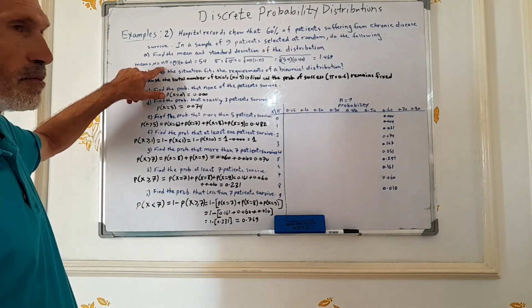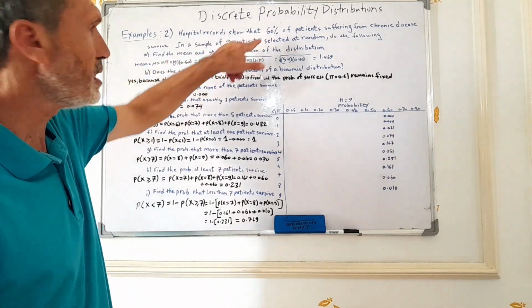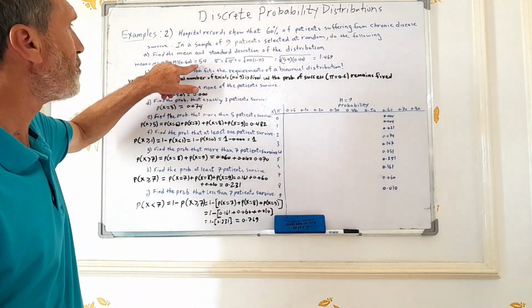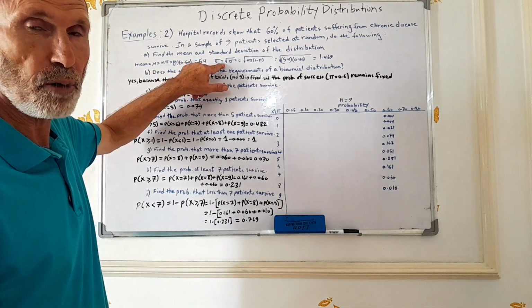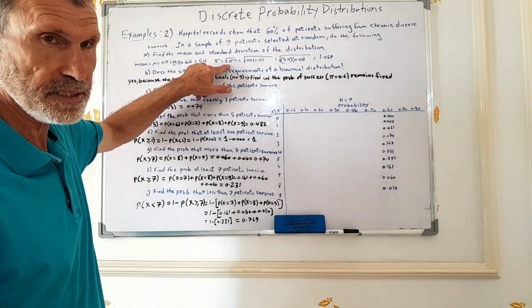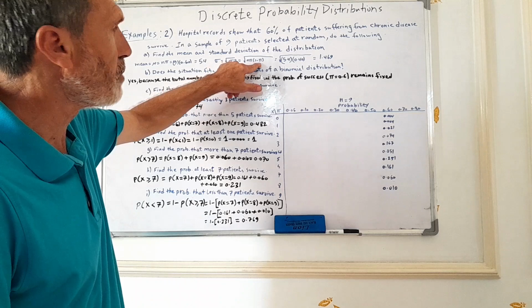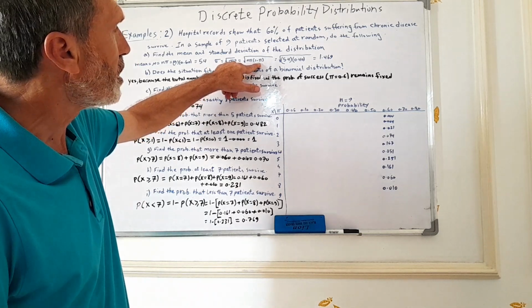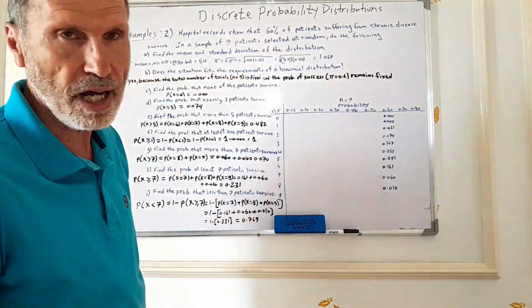Mu equals n times pi. n is 9, and pi is given 0.60, therefore the mean is 5.4. The standard deviation is the positive square root of the variance, which is the square root of n pi (1 minus pi). When you plug in the numbers, you come up with 1.469.